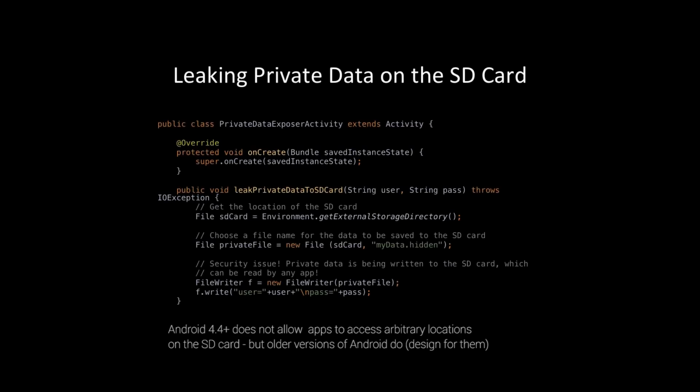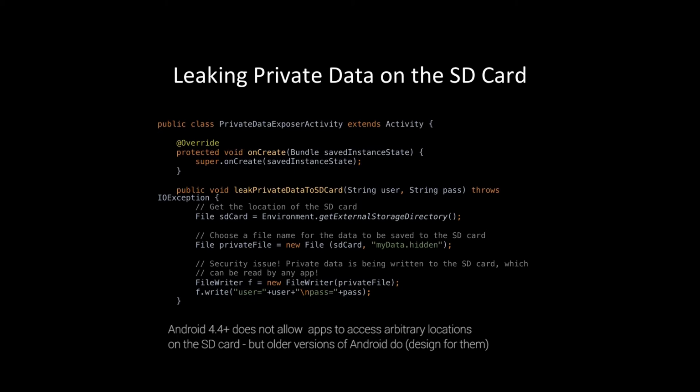So let's take a look at one particular way that we can accidentally leak data from our app to other apps on the device. And this is actually quite a common way that developers make mistakes and end up exposing important settings or private user data to other apps.